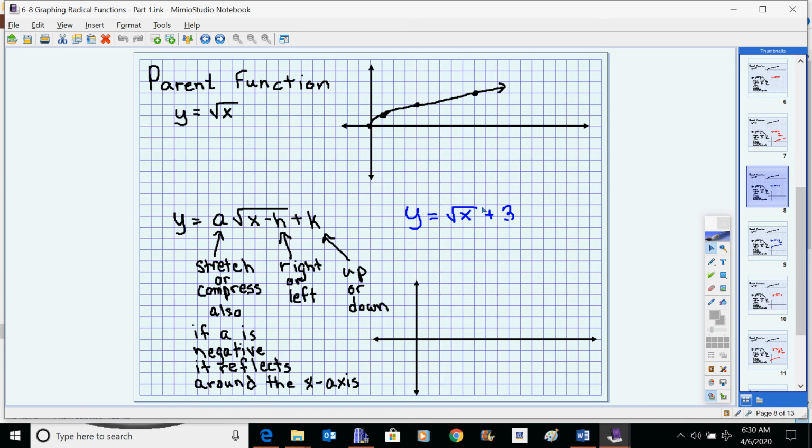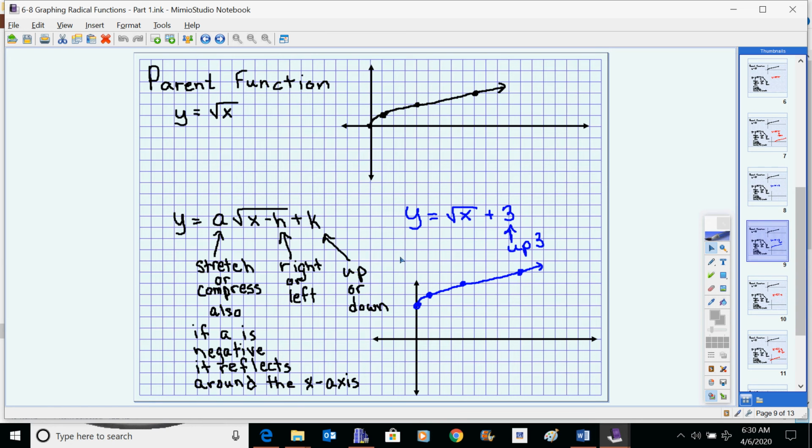So here, plus 3, up or down? In this case it's up because it's a positive 3. So the whole graph moves up 3. You count 1, 2, 3, putting a dot here, and then for the next one, go to where the original was and count 3 up from there.